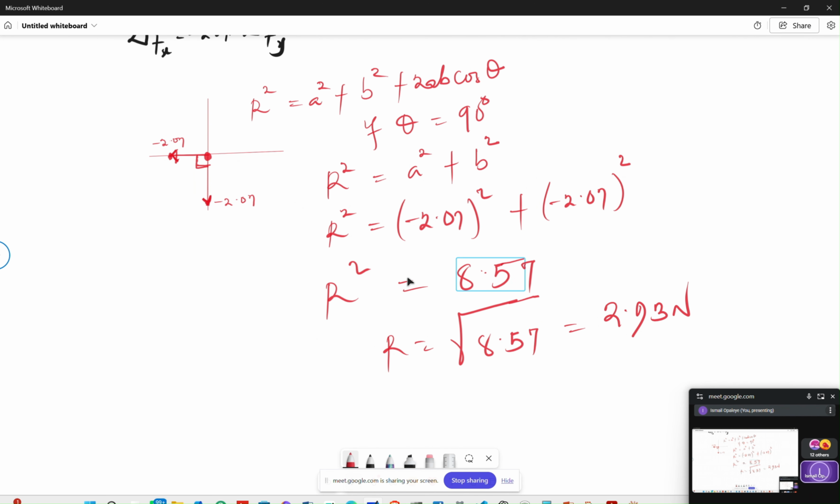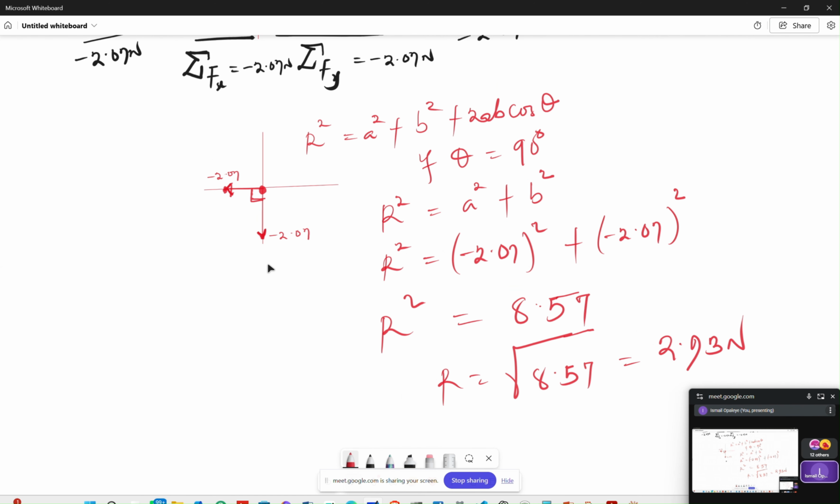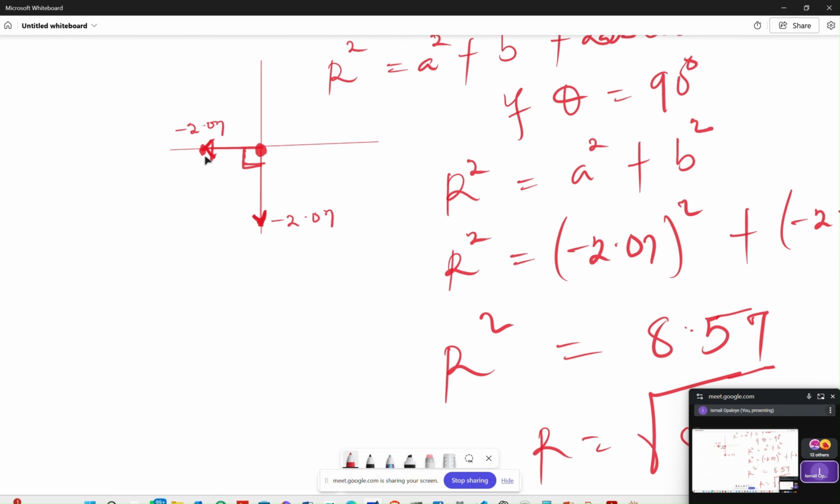Now, if you want to get the angle, remember I mentioned that when you have vectors like this, you can always get the angle of your resultant. Since it's a parallelogram law, the resultant is a line drawn from the point of intersection downward, and that makes a certain angle to the horizontal, which is angle theta.